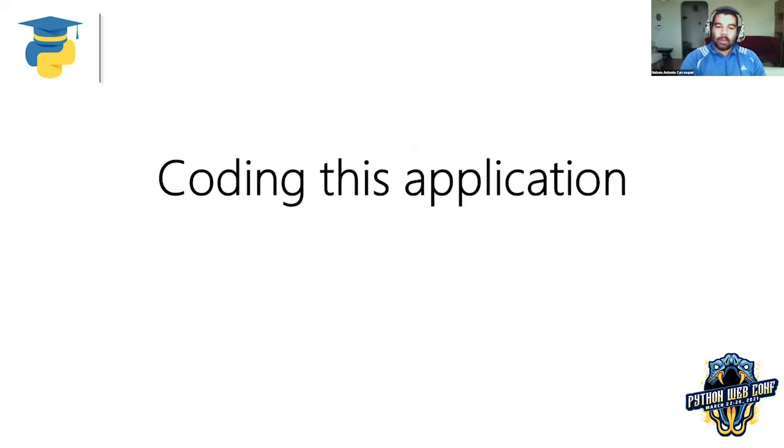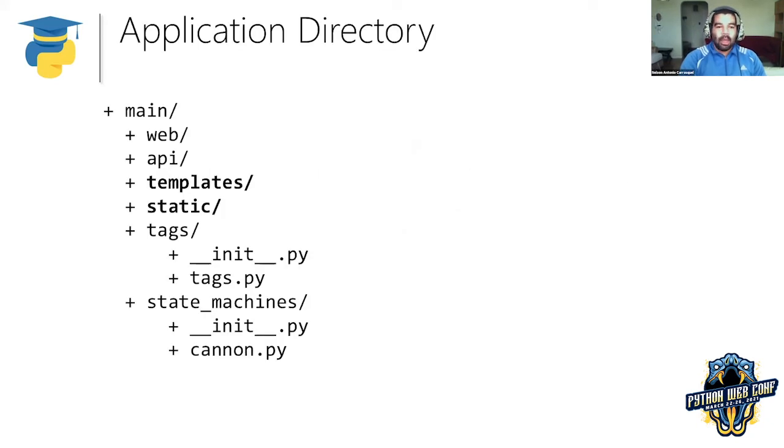Well, let's code this application. And let's talk first about what would be the directory of such an application. Here we have the main directory, and we wanted to follow a structure similar to what you would find in Flask or Django or any other framework. This is something called separation of concerns.